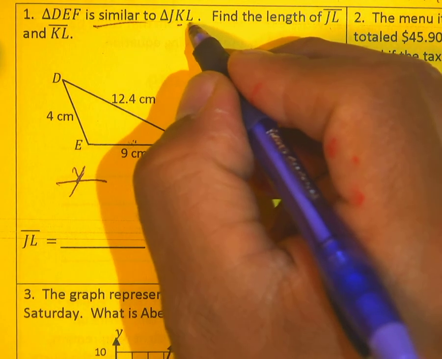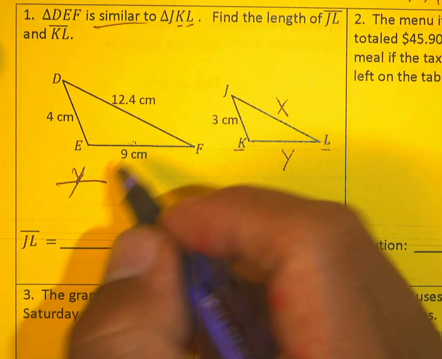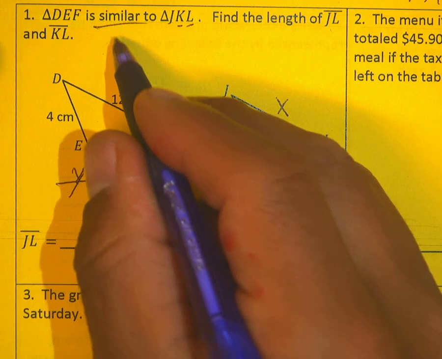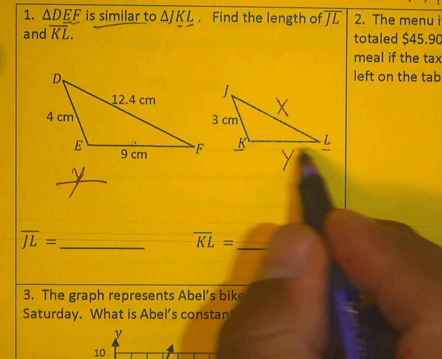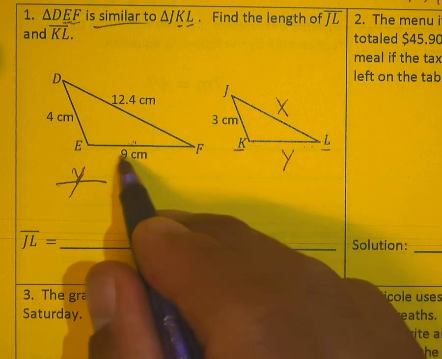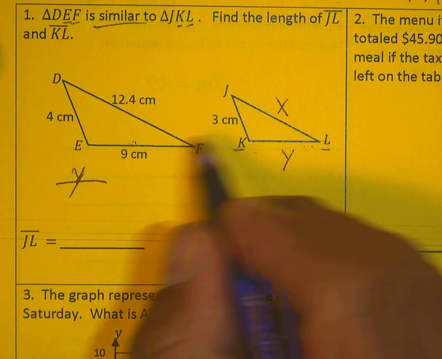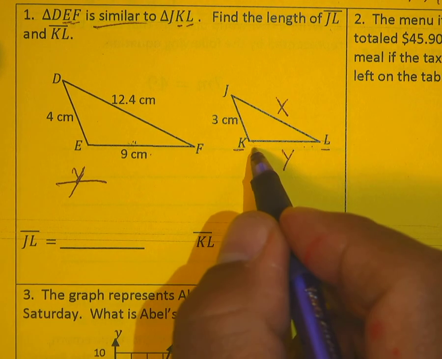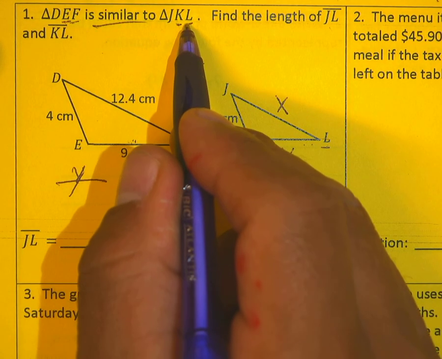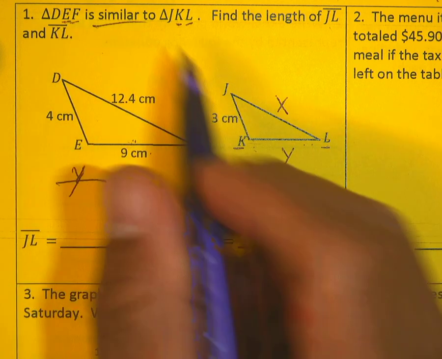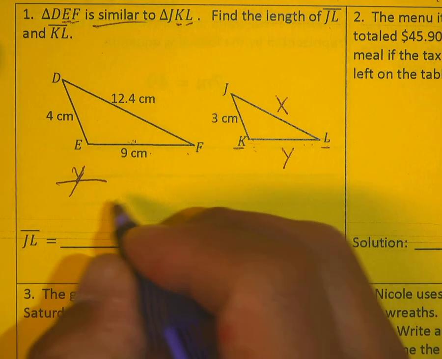KL is your second and third letter. So you go with your second and third letter over here because they're similar, and similar means they have to correspond to each other. Over here my second and third is EF, which is 9.